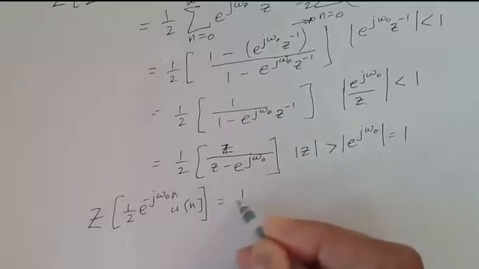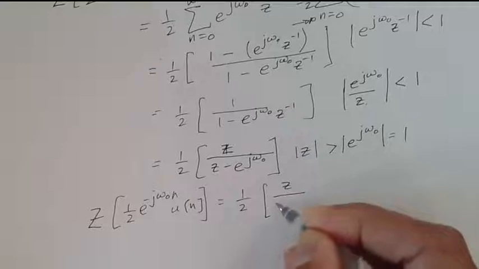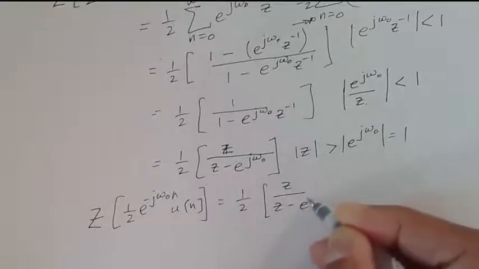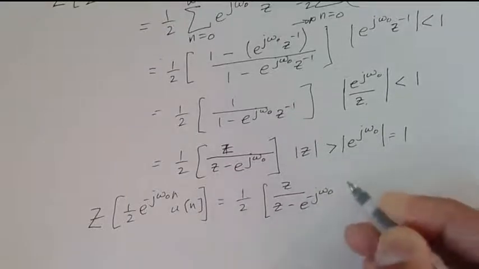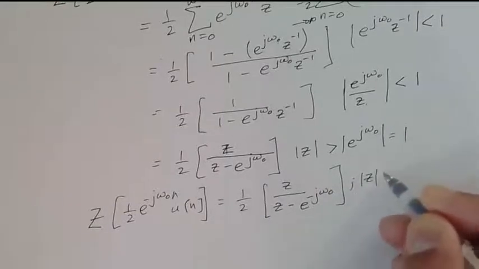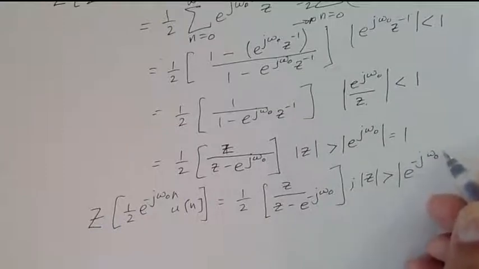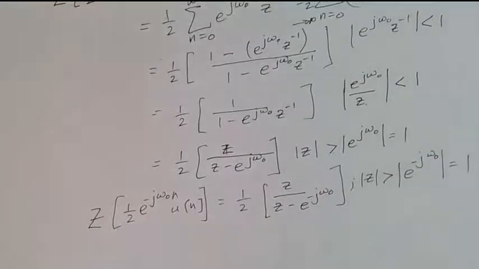So this will be just 1/2 z over z minus e to the minus j omega naught, and the region of convergence is magnitude of z greater than the magnitude of e to the minus j omega naught. The magnitude of e to the minus j omega naught is also equal to 1. So the magnitude is also 1.